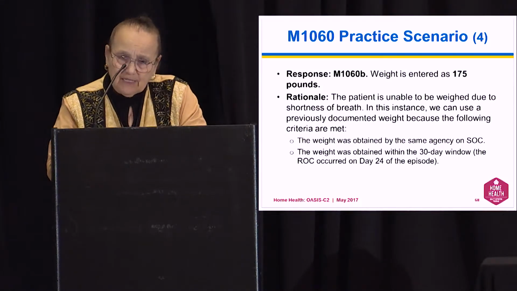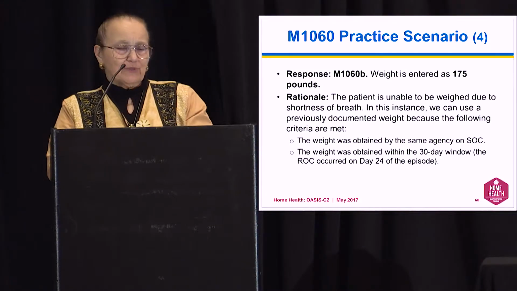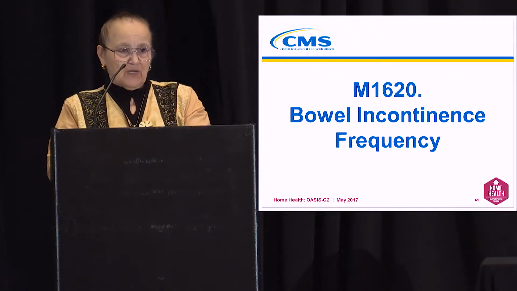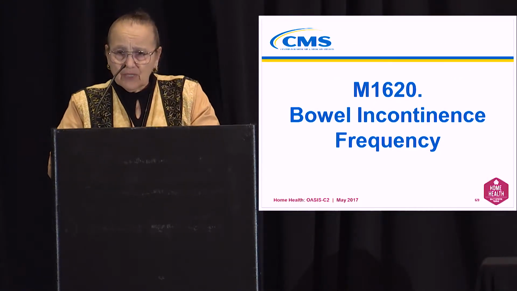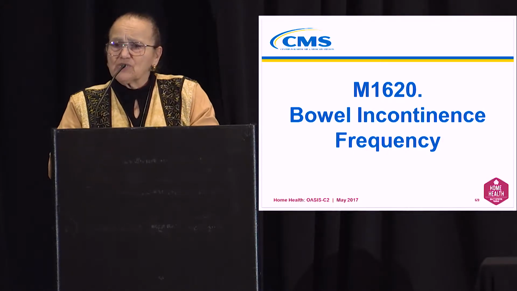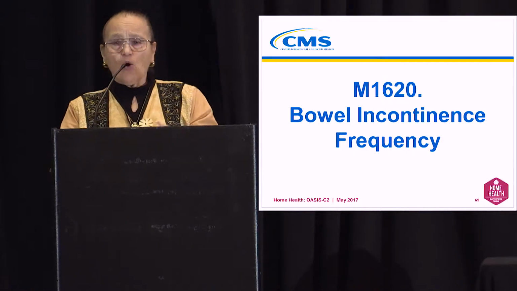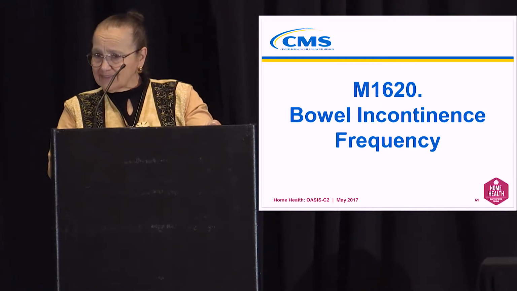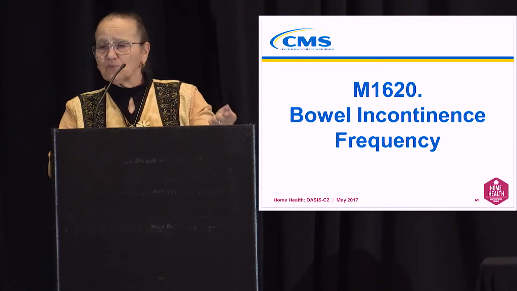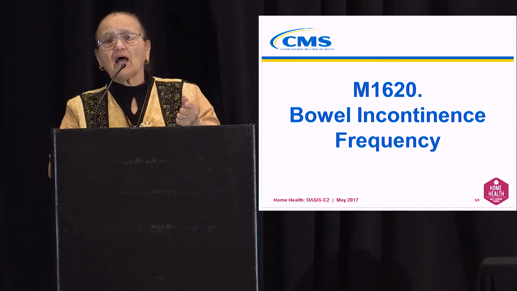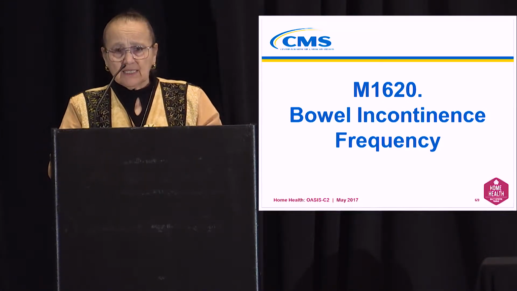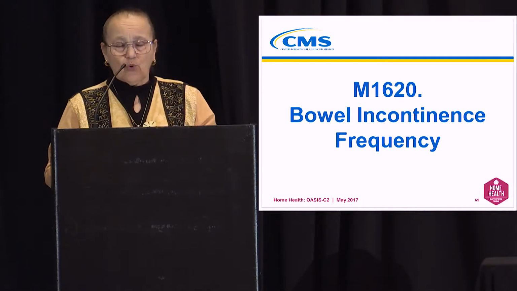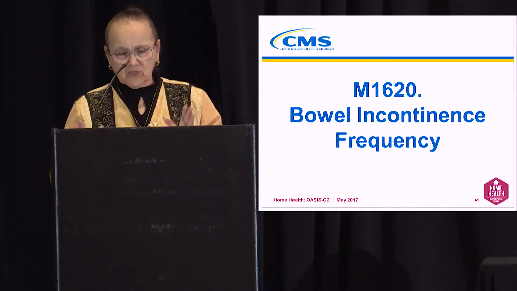What you cannot do is use a weight that was obtained in the hospital. What you cannot do when you go out to the house to do a start of care, holding the physician office weight in your hand that was done within the last 30 days, is use that weight. You need to do the assessment according to your validated resource on your policy.